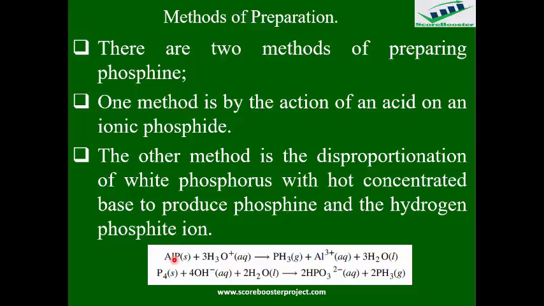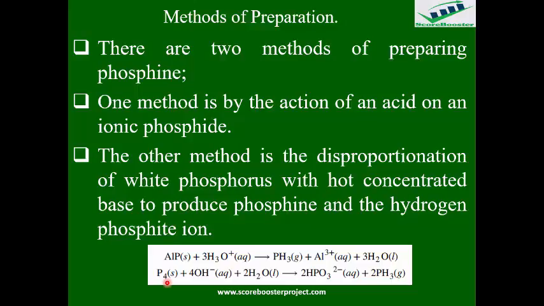Another method is the reaction between white phosphorus and concentrated base. Don't forget the last time we talked about white phosphorus and red phosphorus. White phosphorus is the most stable one. When it is heated to between 250 and 350, that's when you have red phosphorus.